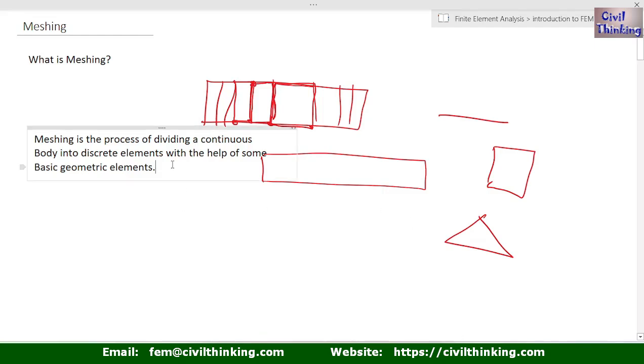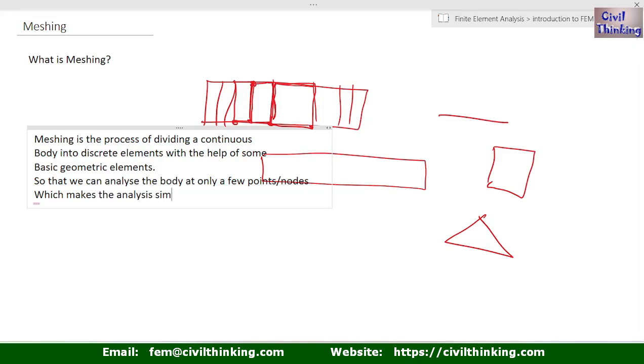Why? So that we can analyze the body at only a few points, or nodes, which makes the analysis simple and less time consuming.